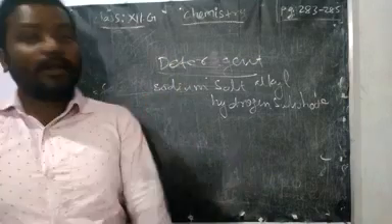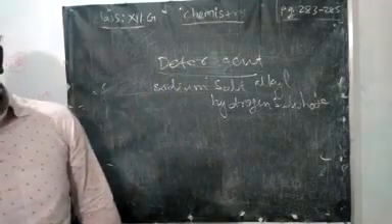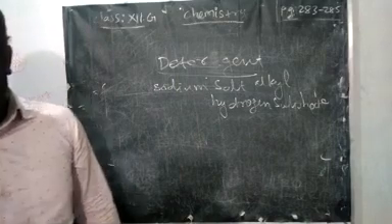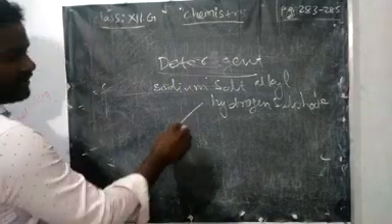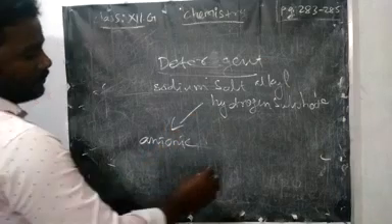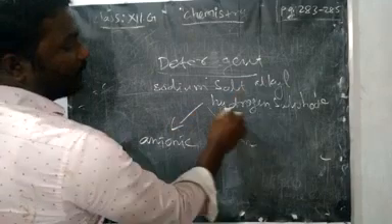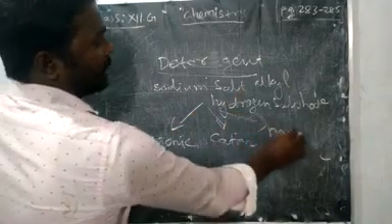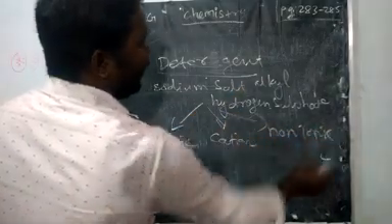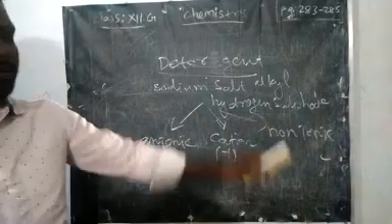Detergents also have three different types. One is anionic detergents. Anionic means negative. Then cationic. Then non-ionic, so no cation, no anion. So positive, negative, neutral.